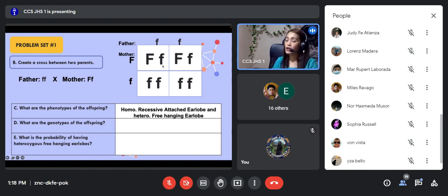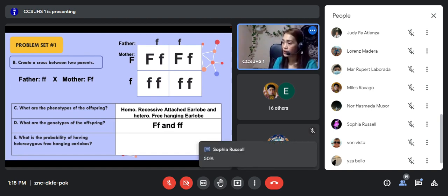Okay? So what are the combinations? As you mentioned, there are two possible combinations: one is capital F small f, and the other one is small f small f. Now the question here: is there a chance that you will have a heterozygous free-hanging earlobe? Yes or no? Okay, very good. That's a 50% chance.